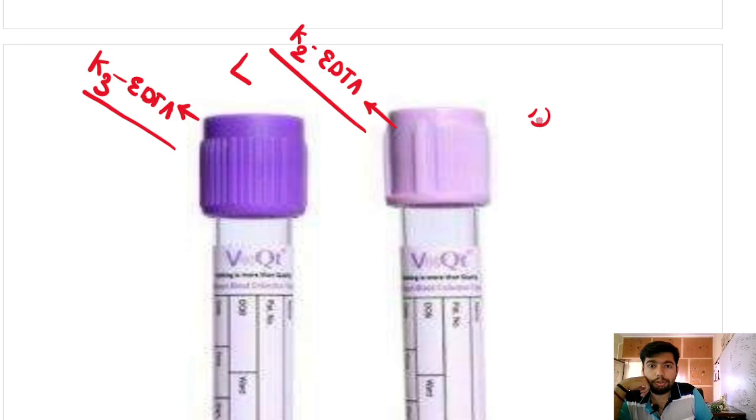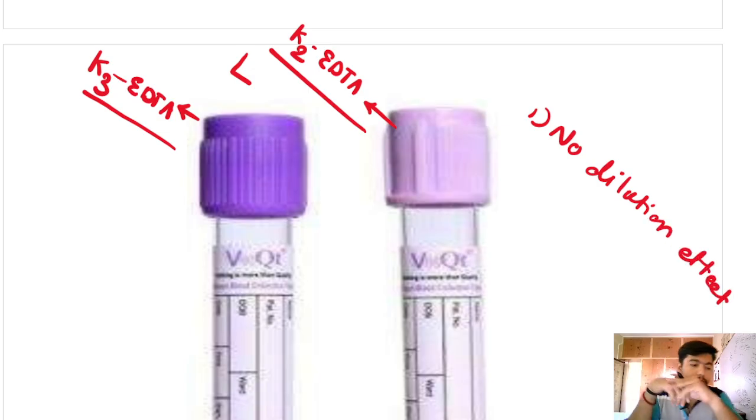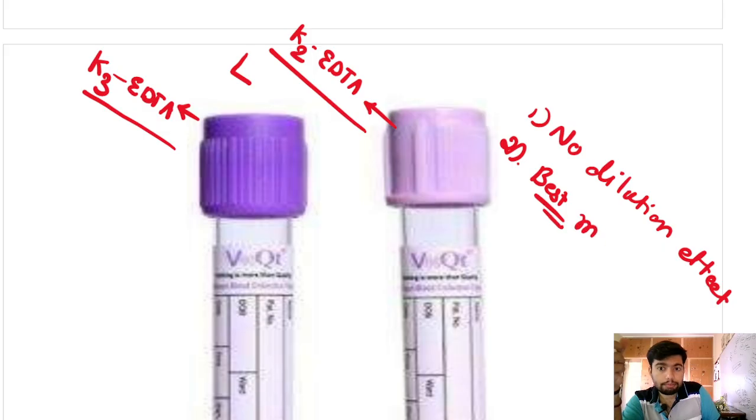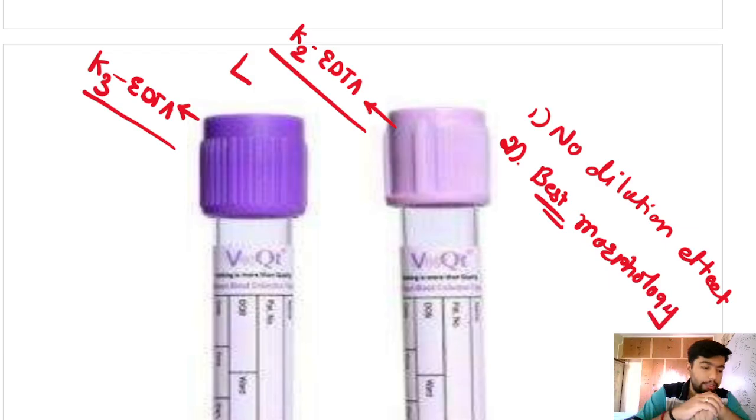Why is it important? Whenever there is no dilution, it will preserve accurate blood cell count and indices when you are measuring. The second advantage is that with no dilution effect, you get better morphology of RBC and WBC.